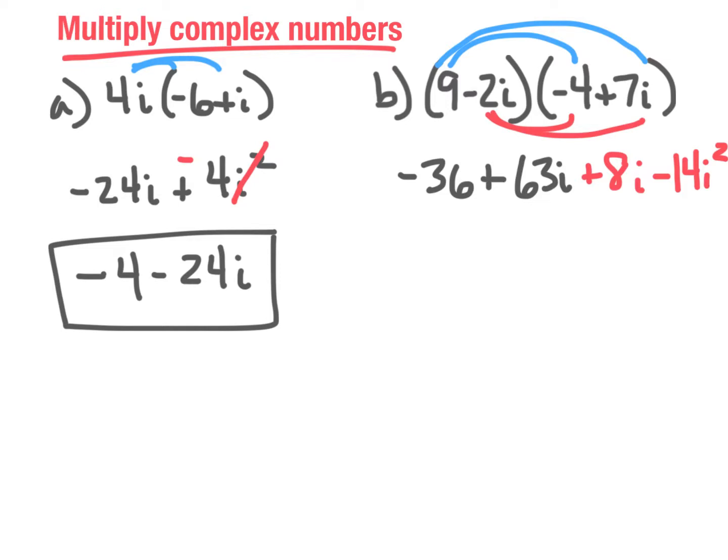Okay, so remember, anytime I see an i squared, I just mark off the i squared and change the sign because we're basically just multiplying by -1. And now I combine like terms. -36 plus 14 gives me -22, and then 63i plus 8i is 71i.